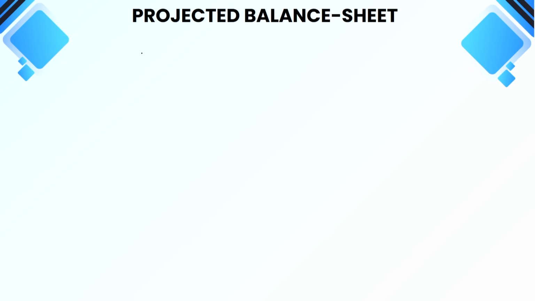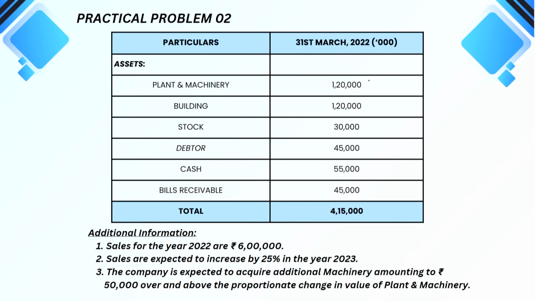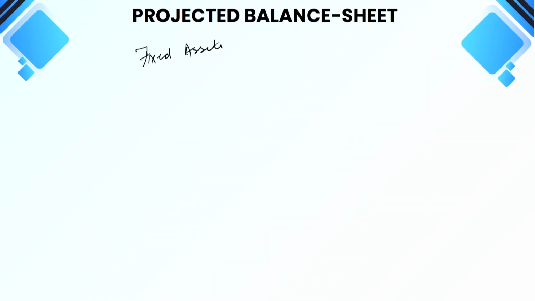Moving to the next step, the fixed assets. As given in the question, the plant and machinery is rupees 1,20,000, and additional information is provided that the company is expected to acquire additional machinery for rupees 50,000 over and above the proportionate change in the value of plant and machinery. So we find out first that the proportional increase to sales is 25%.